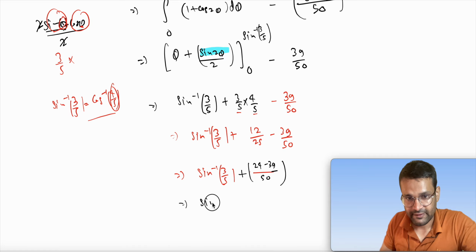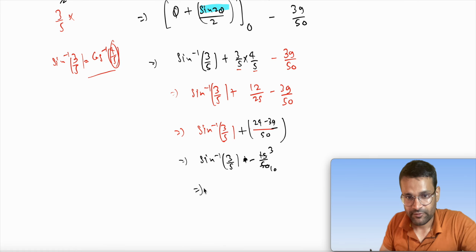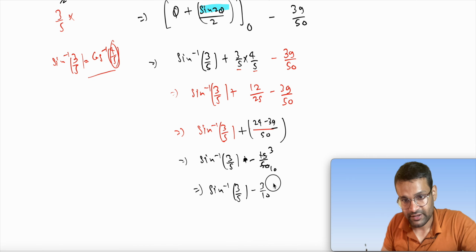Okay, you get sine inverse 3 by 5 minus 15 by 50, which can be cut by 5, giving 3 by 10.